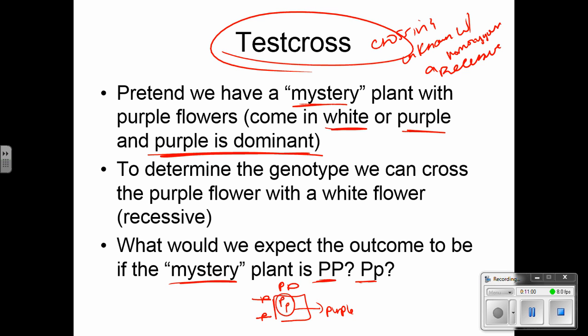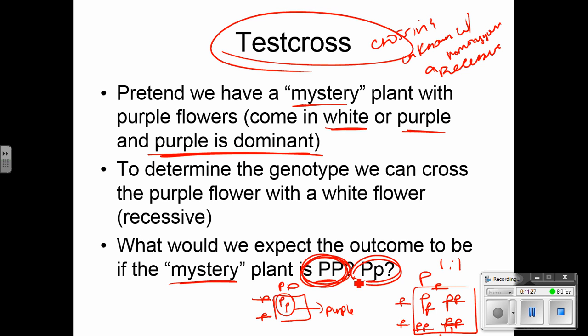So when we do this cross, if all of our offspring are purple, then most likely our mystery plant is big P, big P. However, if we cross this, we would get about half of them being purple and the other half of them being white. So if we have about a 1-to-1 ratio, or about 50-50 white and purple, then we know that our mystery plant is heterozygous. That's how our test cross works. You cross your unknown with a homozygous recessive to figure out if your unknown is homozygous dominant or heterozygous.